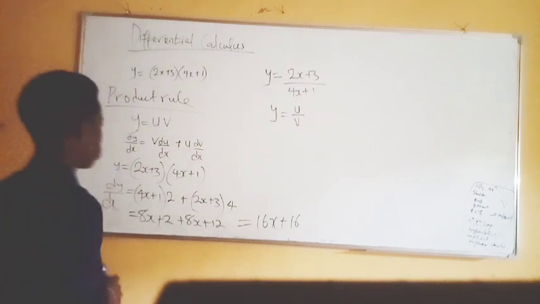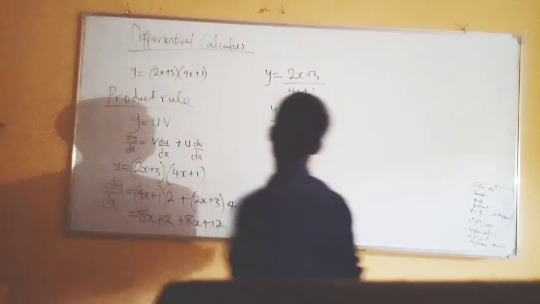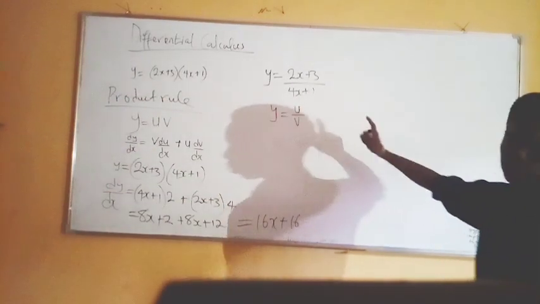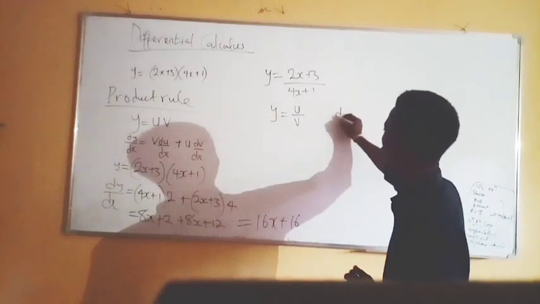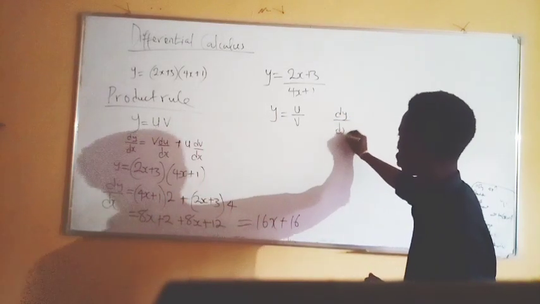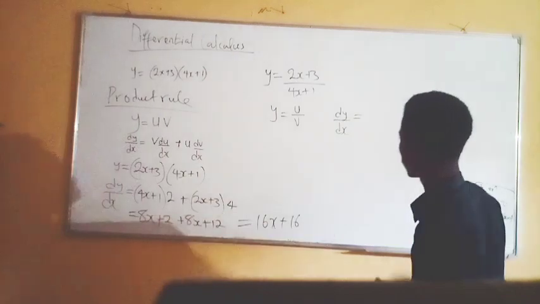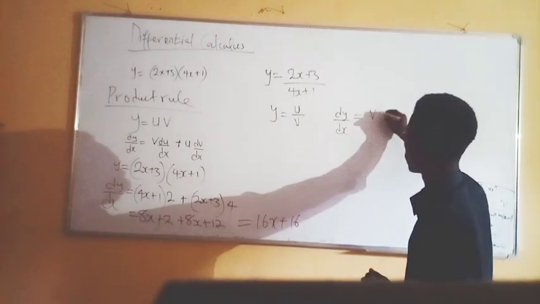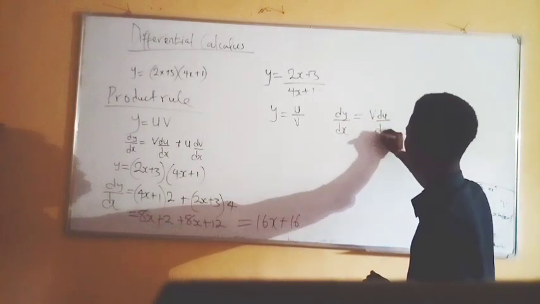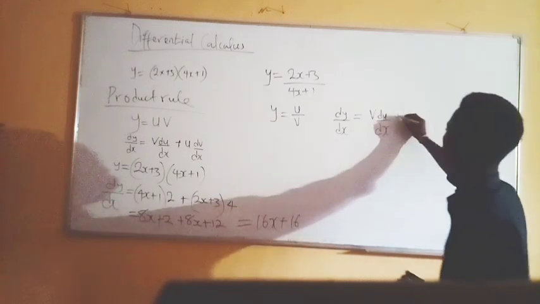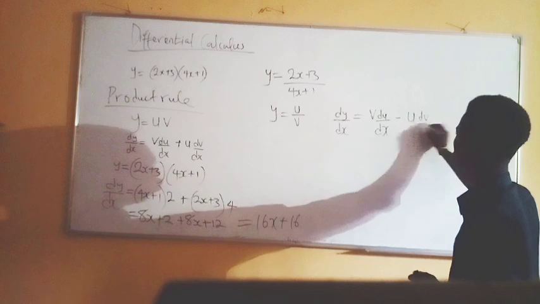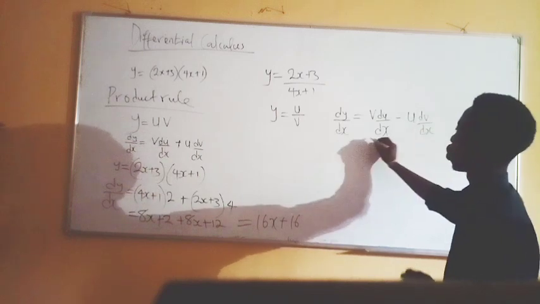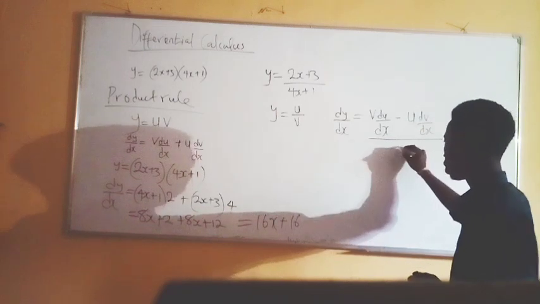How do we do this? Now, the formula here is giving us dy dx is equal to v multiplying du dx minus u multiplying dv dx, all of them divided by the square of v.